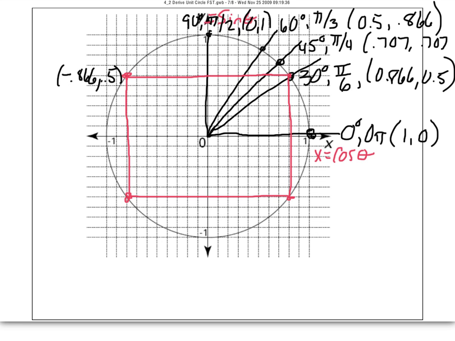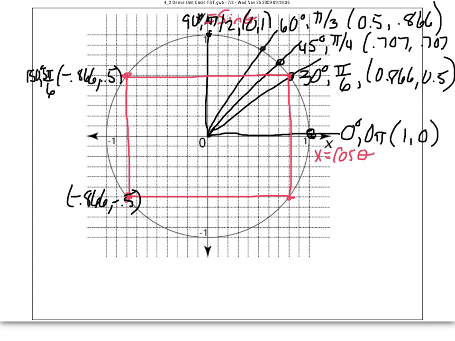Now, what degree and what radian is that? It's going to be 150 degrees, which is the same as 5 pi over 6. Now if I move down over here in quadrant 3, it was a left and down movement, so everything here is a negative, and that's a negative 0.5.